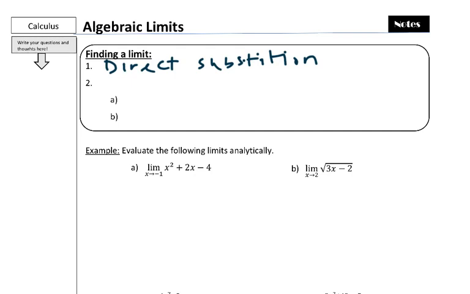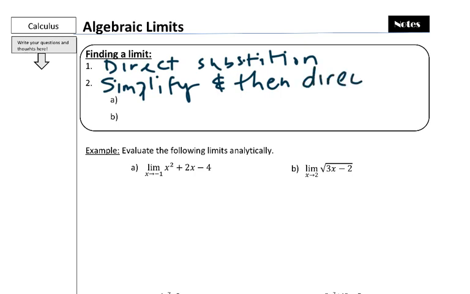The second strategy you can use is simplify, and then try direct substitution. And notice again I say try, because it may not work. And what do I mean by simplifying? Well, there's a couple different ways that we can simplify it.